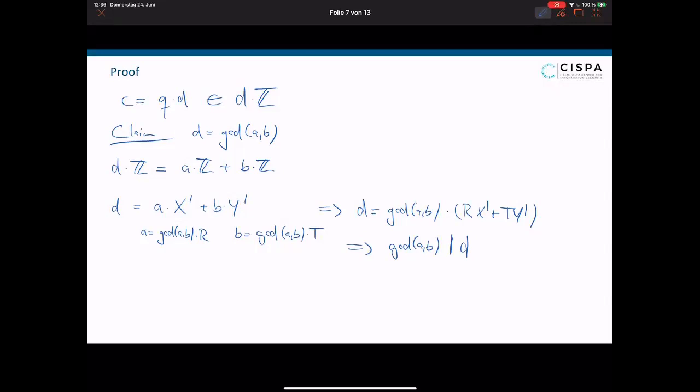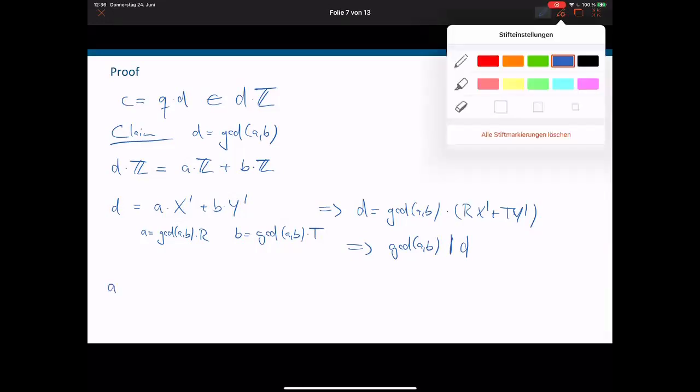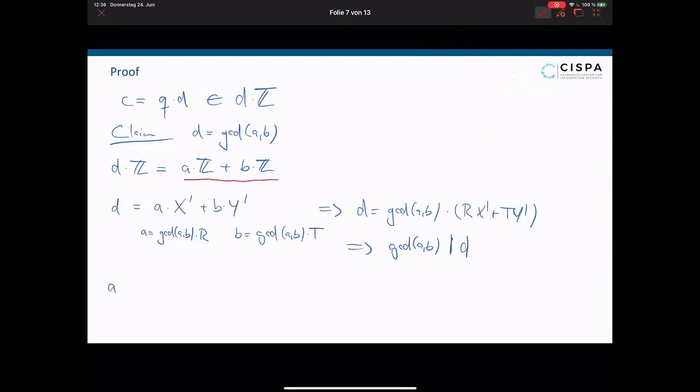On the other hand, on the left side, we have that a is here in the right side, right? a times 1 plus b times 0.